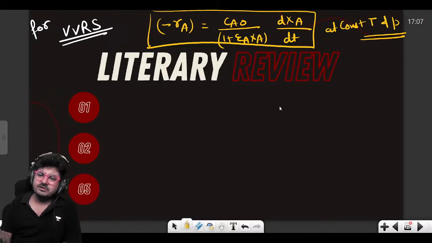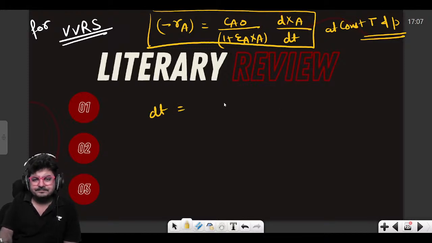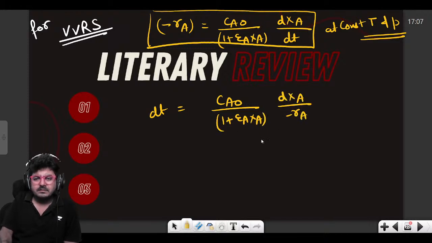तो -RA आ गया और इसी से हमें सारी काइनेटिक इक्वेशन VVRS की सॉल्व करनी होती है। तो हियर इफ यू सी, DT विल बिकम CA नॉट ओवर 1 प्लस एप्सिलॉन A XA times of DXA over -RA. And if you integrate this, you know at t equal to 0, conversion is 0.